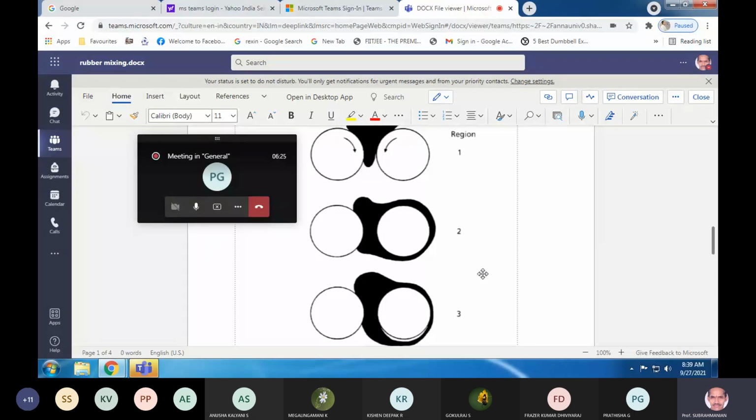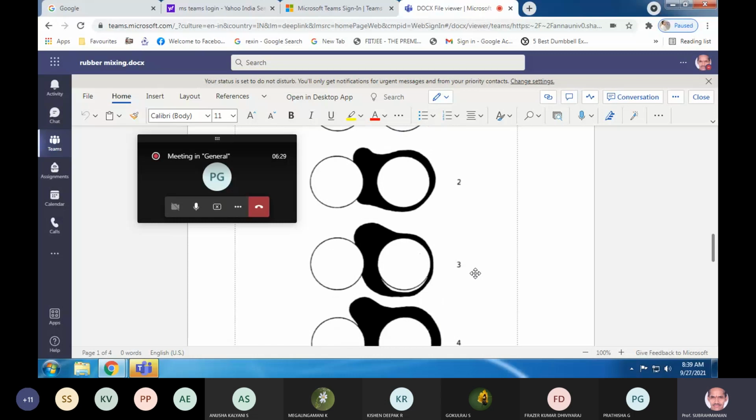All right. In region 3, what we see is the band is getting separated from the roll. This is a common feature in certain rubbers. Butyl rubber, for example; in butyl rubber, the banding is not good.